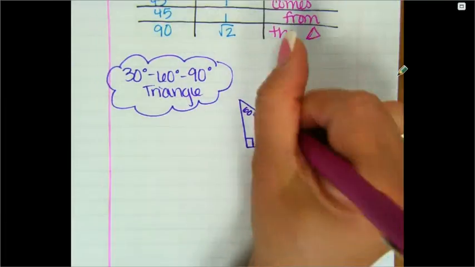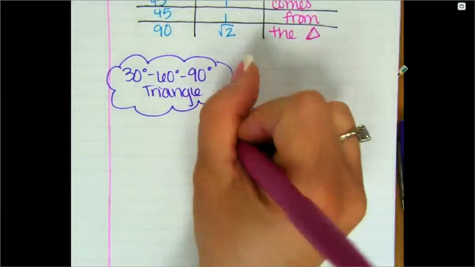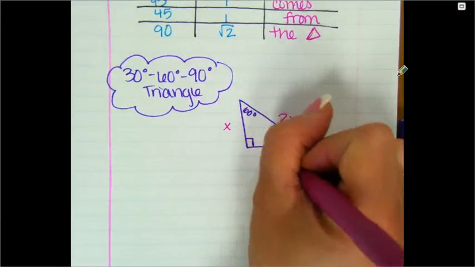This one's a little different. This is 2x, this is x, and this is x radical 3.